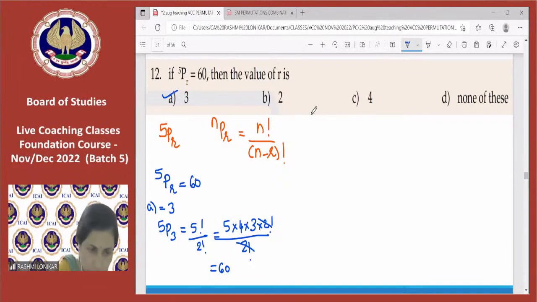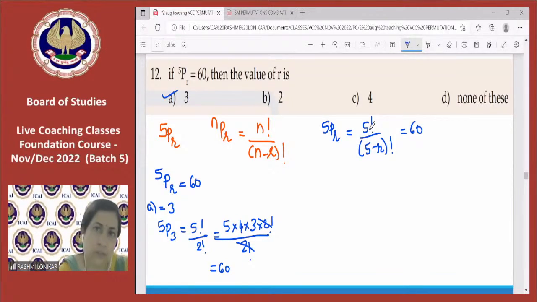Now let me show you the method also. 5Pr can be written as 5 factorial upon 5 minus r factorial, which is equal to 60. How much is 5 factorial? We know that 5 factorial is 120.